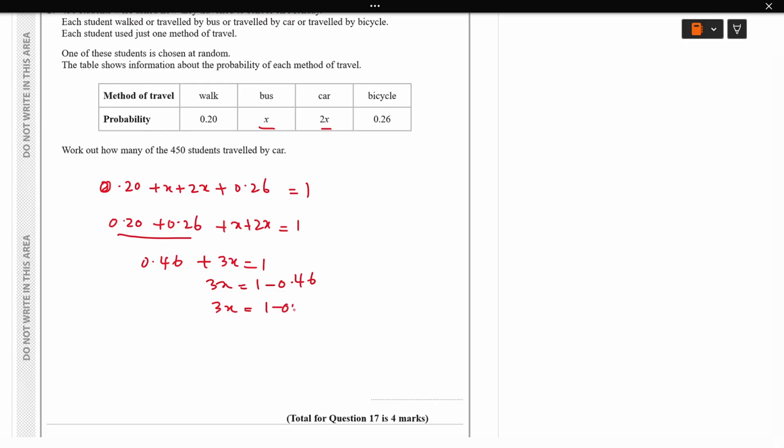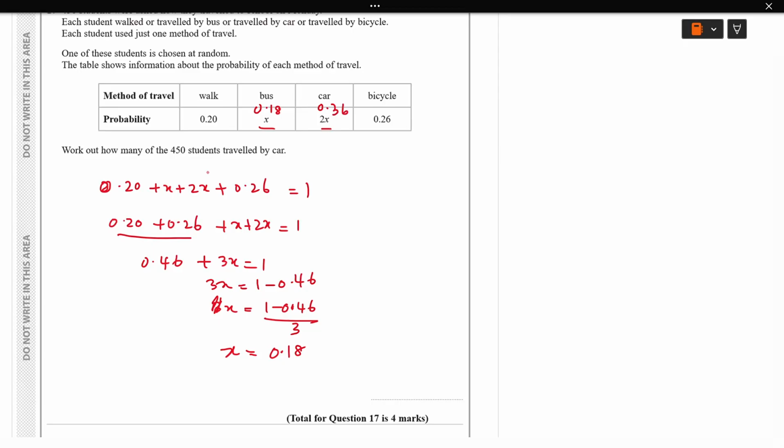1 minus 0.46. Yeah, sorry. When I divide by 3 on both sides, after dividing the answer is going to be 0.18. So x is going to be 0.18. So this value is now 0.18, and we need to multiply by 2. 0.18 times 2 is going to be 0.36 here.